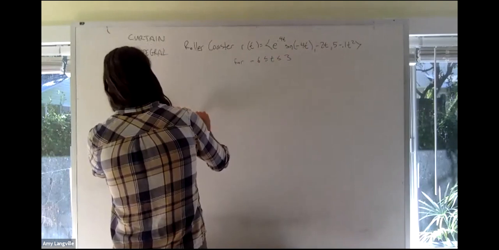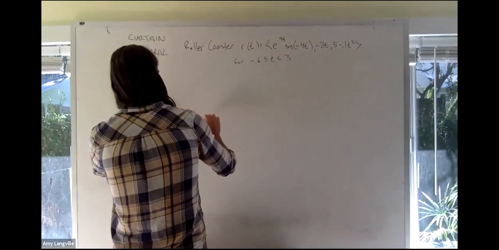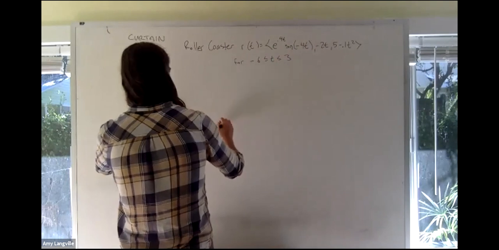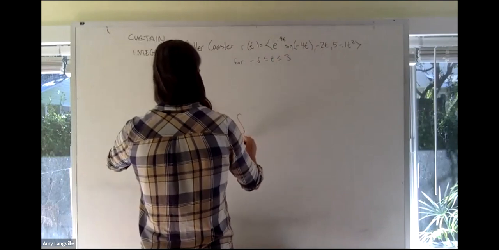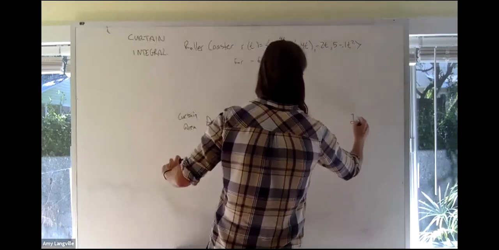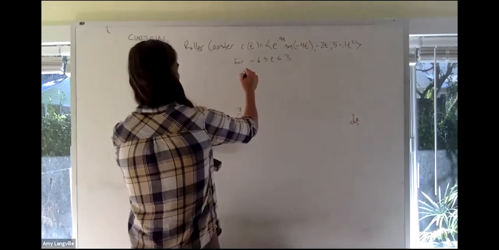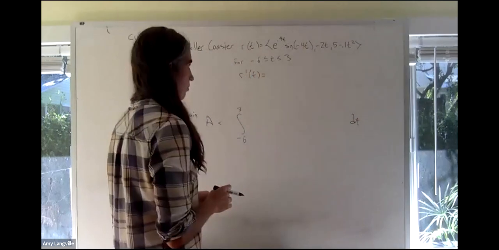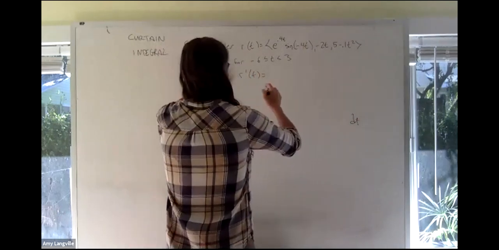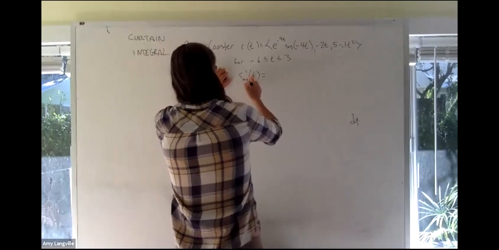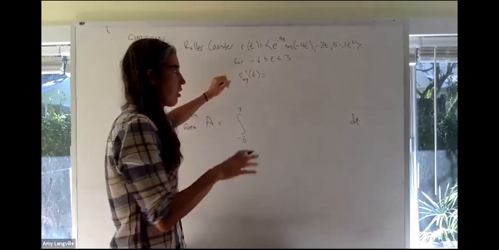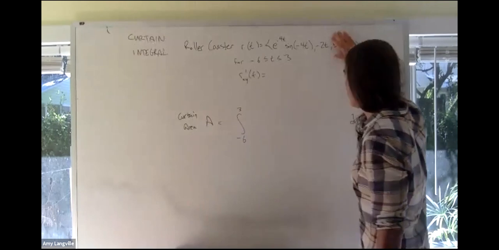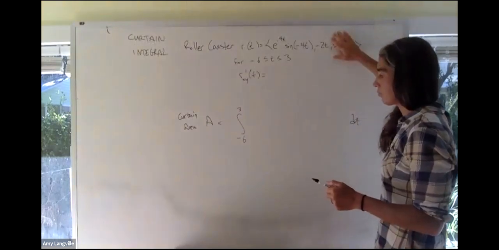Curtain area A, let's say, is going to be integral from -6 to 3, A dt, and we need to take our derivative. Not so bad, and we'll call it just with the X and Y, because again, those are the only components we care about. This third component we're zeroing out so that we're in the XY plane.